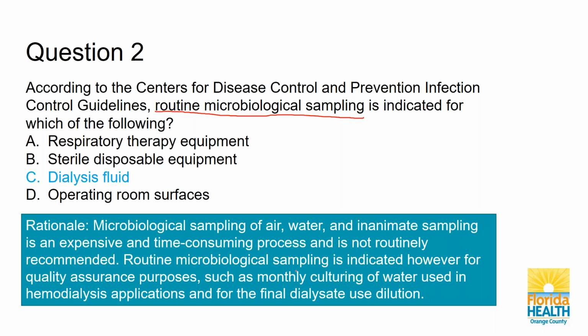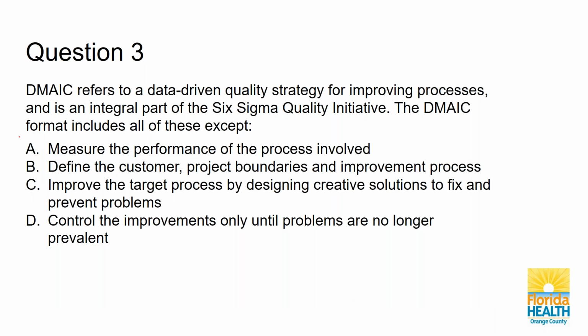Okay, so this is the important part. Monthly culturing of water used in hemodialysis applications and for the final dialysate dilution. So I do copy these rationales straight from the APIC text, guys. So I think I might have missed a word here. I'm sorry.